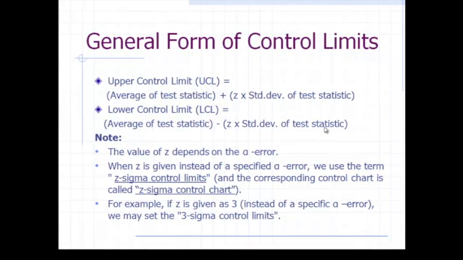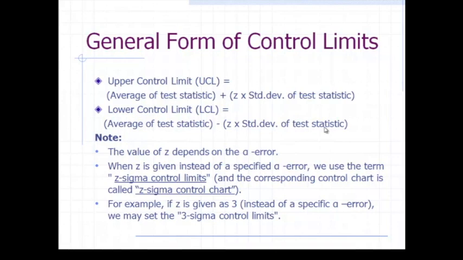I will show you how to get the z value, and I will explain the standard deviation of test statistics for each control chart. But at this point, just keep in mind that in a general form, control limits look like this.